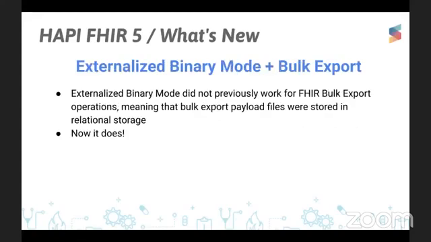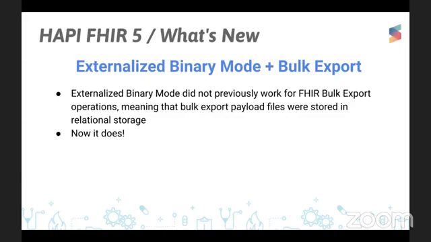One final thing in the HAPI world that is worth drawing attention to, we introduced, I think it was the release before last, support for what we call externalized binaries, which basically means if you've got large binary blobs, we move them out of the relational database storage and into, for example, file system storage or S3 buckets or whatever, so they can be stored in a more efficient way.